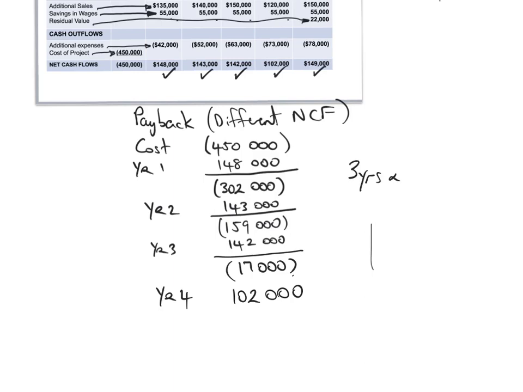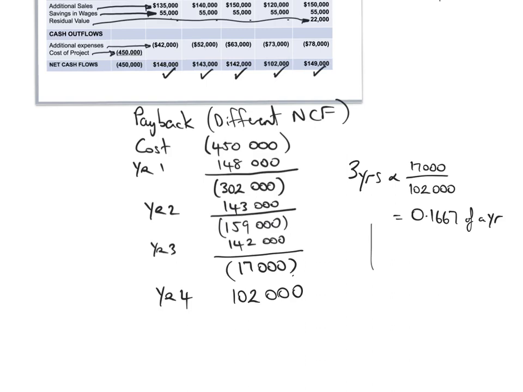Now that something is we're going to recover $17,000 over that $102,000. So that's going to take us $0.1667 of a year.